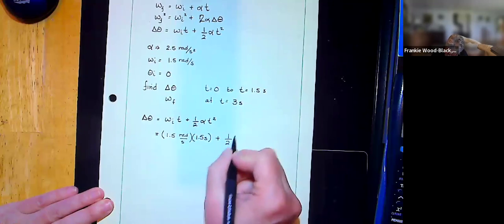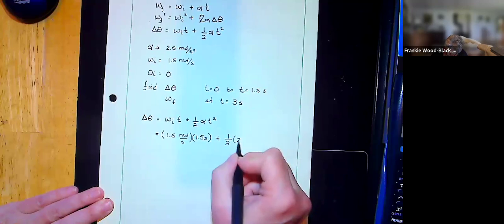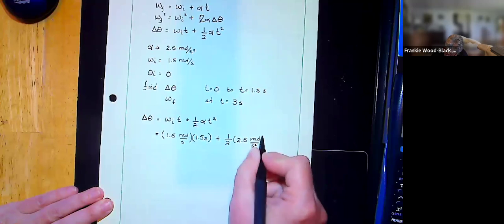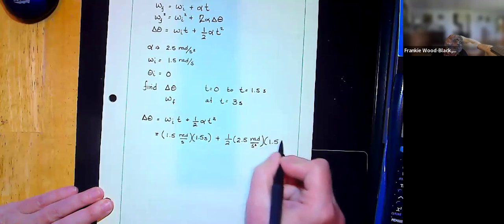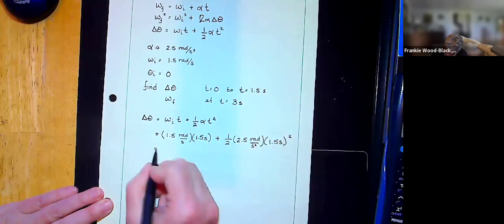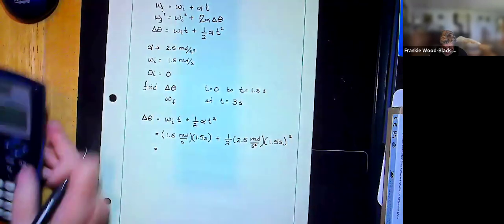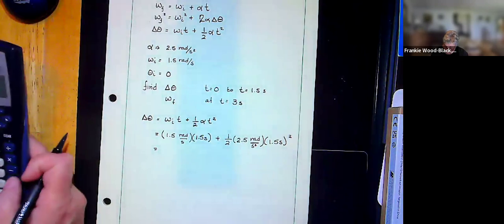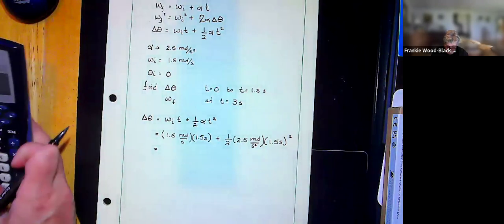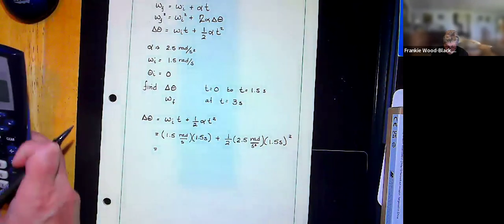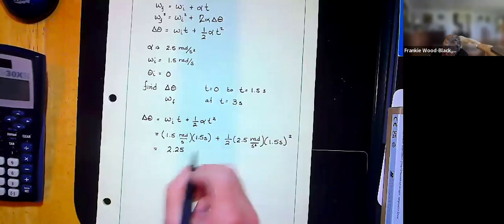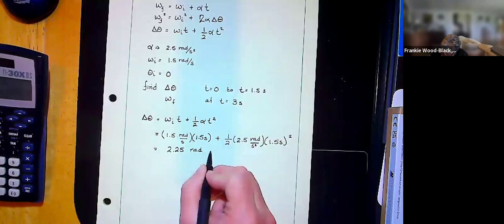And our angular acceleration is 2.5 radians per second squared. And our time is 1.5 seconds squared. So we can calculate that change. That gives me 2.25 radians.